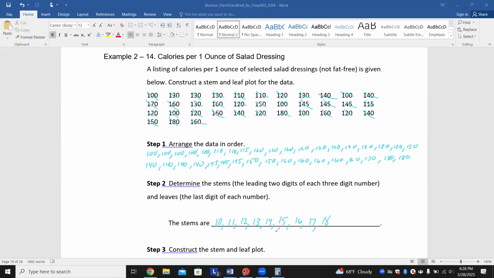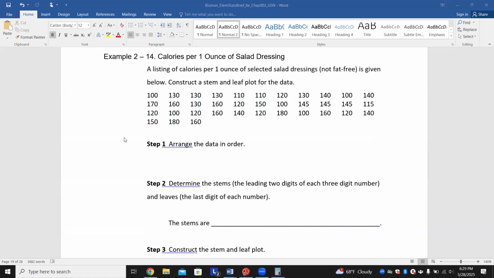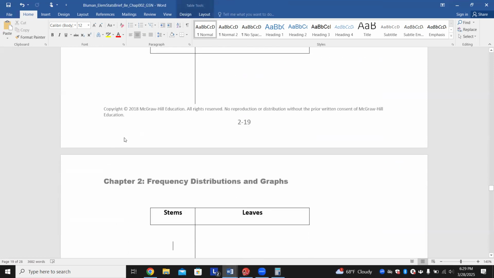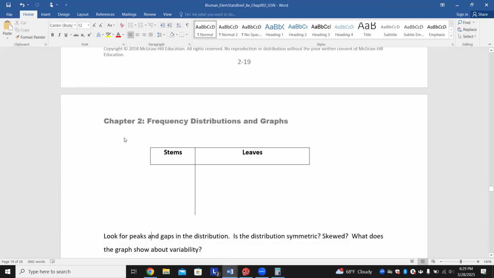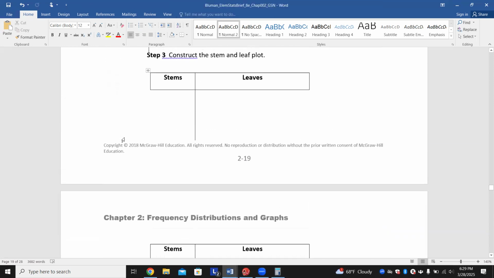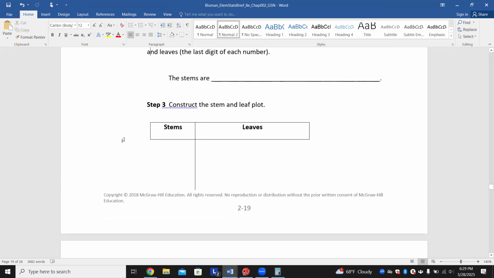So now we're ready to construct our stem and leaf plot. Just gonna try to keep my data where I can see it, so that when I erase this, I can still have it since y'all already have it on y'all's page. All right, I just don't like that. I'm gonna try to squeeze it all on this first one.